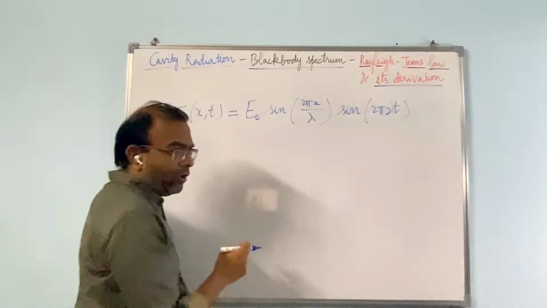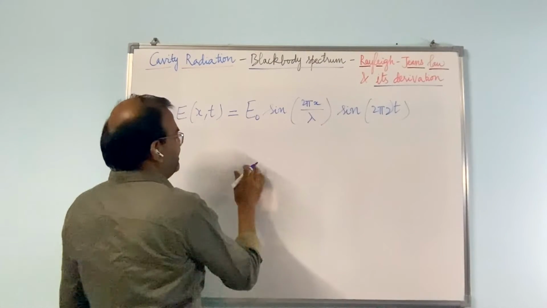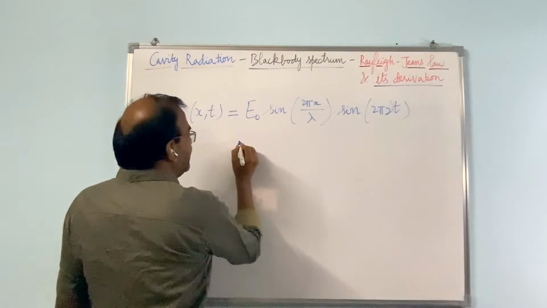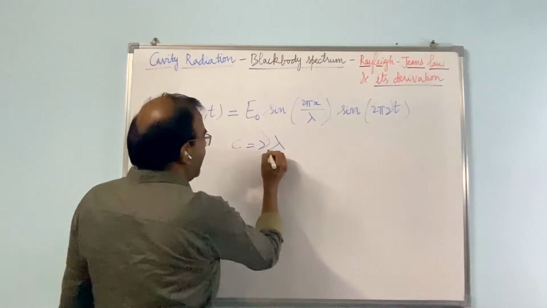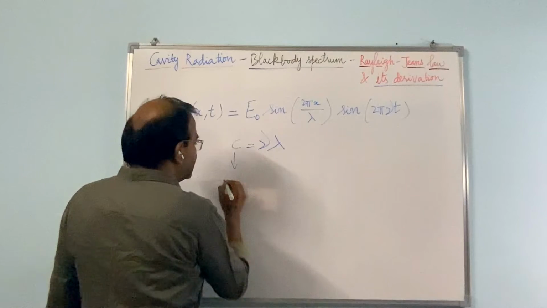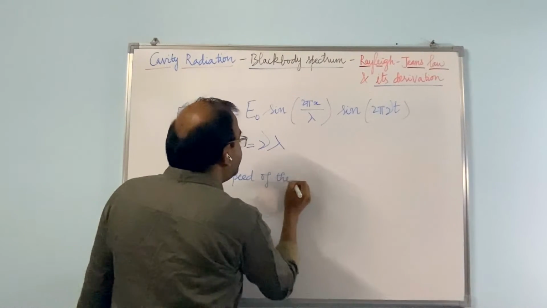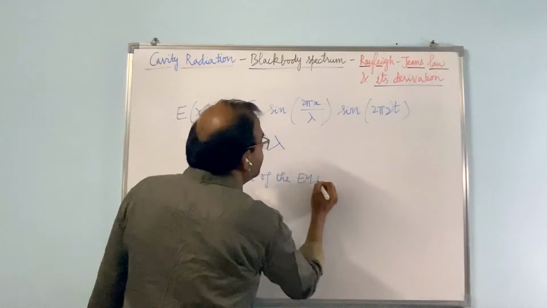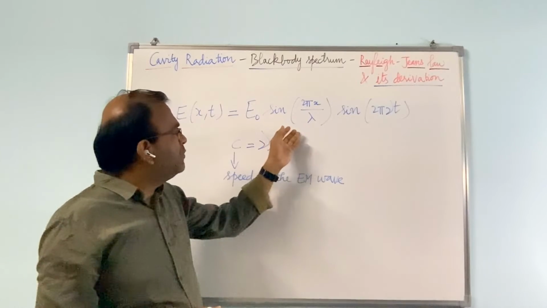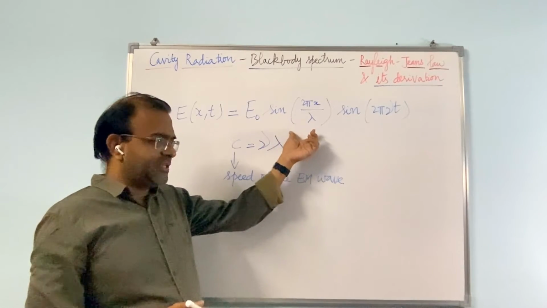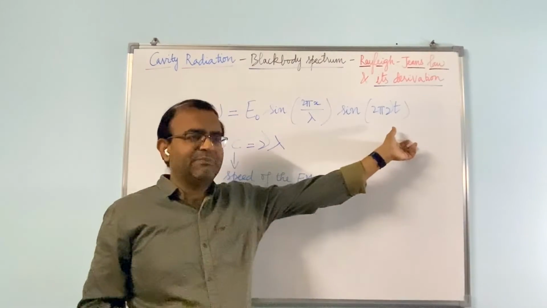Lambda and nu are wavelength and frequency respectively, and they are linked by the relation c equals nu times lambda, where c is the speed of the electromagnetic wave. So we can clearly see that the electromagnetic wave oscillates sinusoidally both spatially as well as temporally.